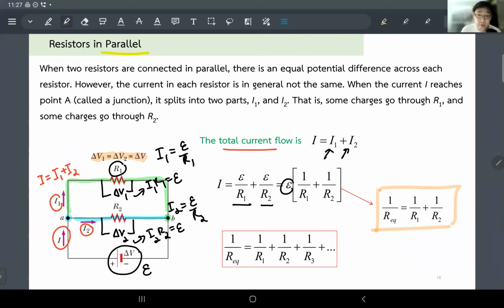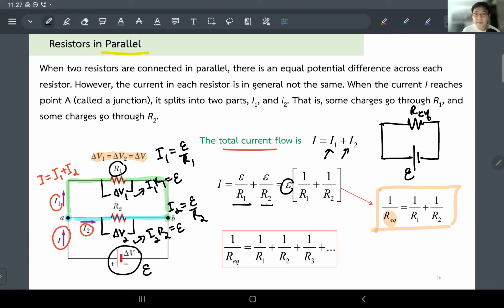Because this is a reciprocal, you just say 1 over R equivalent equals 1 over R1 plus 1 over R2. And if you do that, you can reduce your circuit into, once again, a single resistor with one source. And you are done. Equivalent.